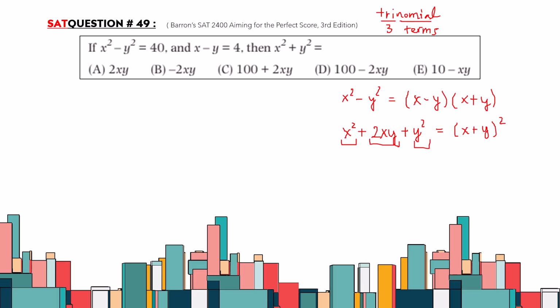That's a perfect square, right? We have another one. Perfect square trinomials: x squared minus 2xy plus y squared equals x minus y squared. The one easy to see is when you have the square outside, the sign in between will be the same.